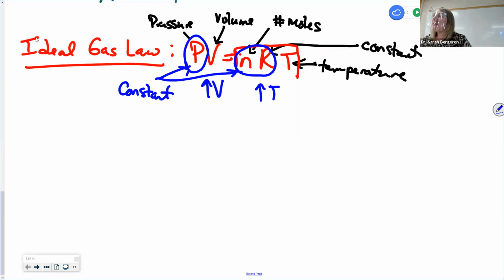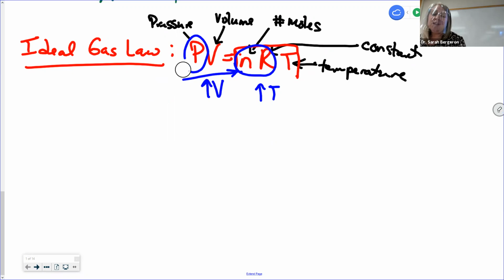Temperature. Because if the left side gets bigger, the right side has to get bigger in some way, shape, or form. So if you think about this in pure algebra, you are going to be able to predict all of your answers. It's really awesome. This one equation, PIV-NERT. No PIV-NERT, okay? So that's one thing.